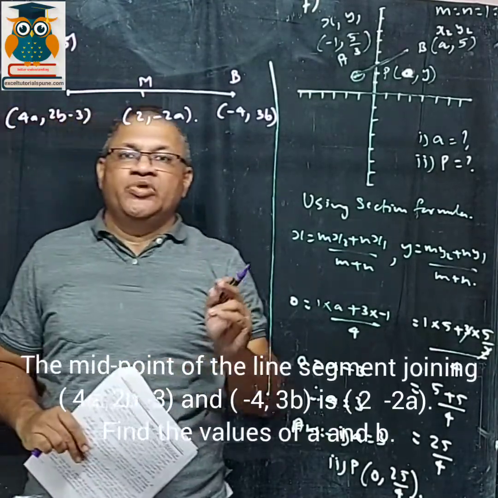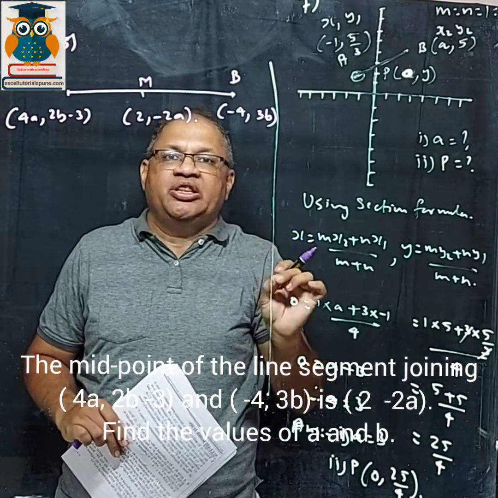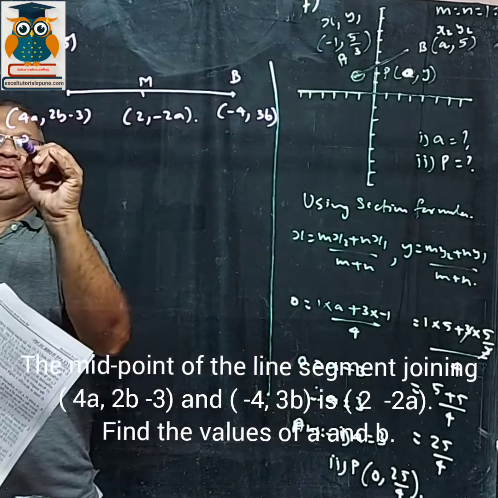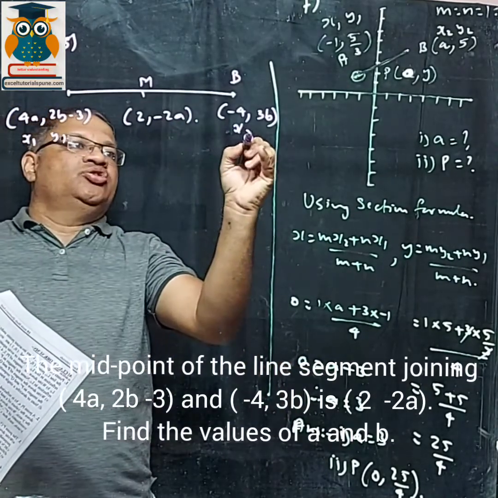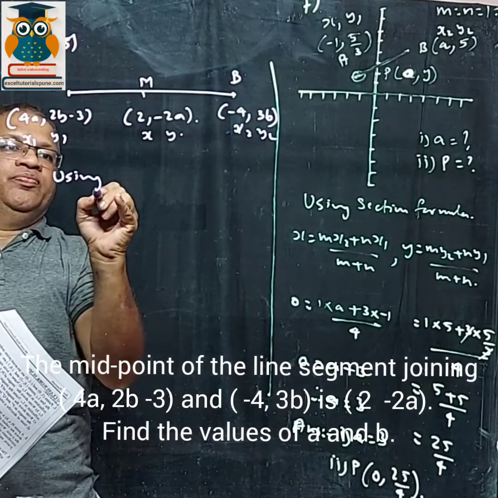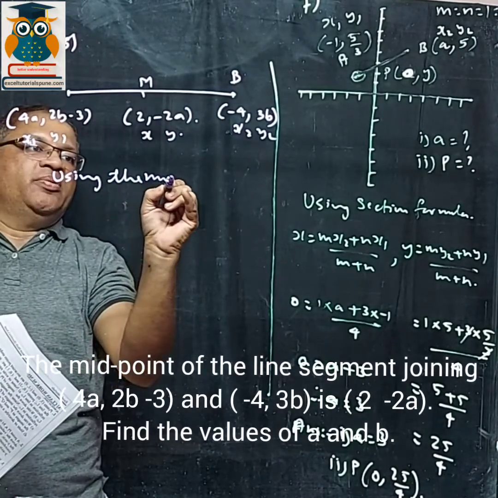So whenever they have specified in the question midpoint, then only use the midpoint formula. So this is your x1 y1, this is your x2 y2, this is x and y. So write using the midpoint formula.